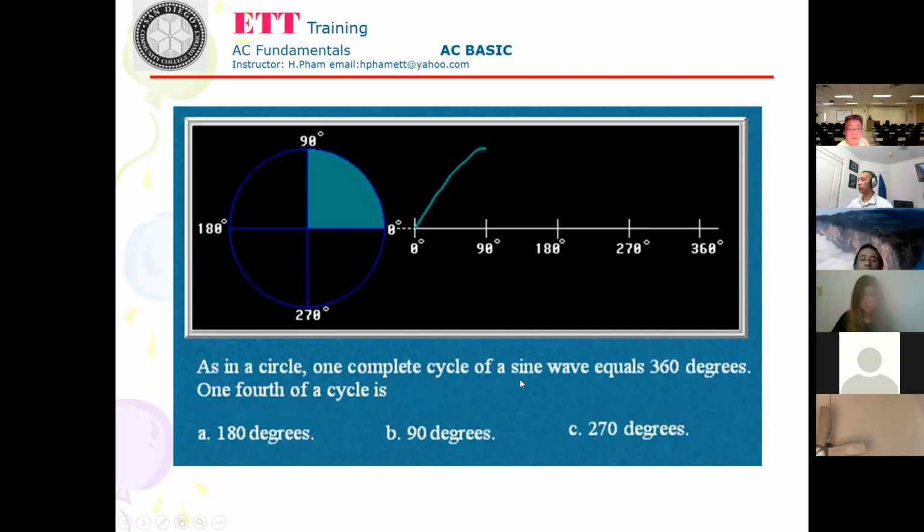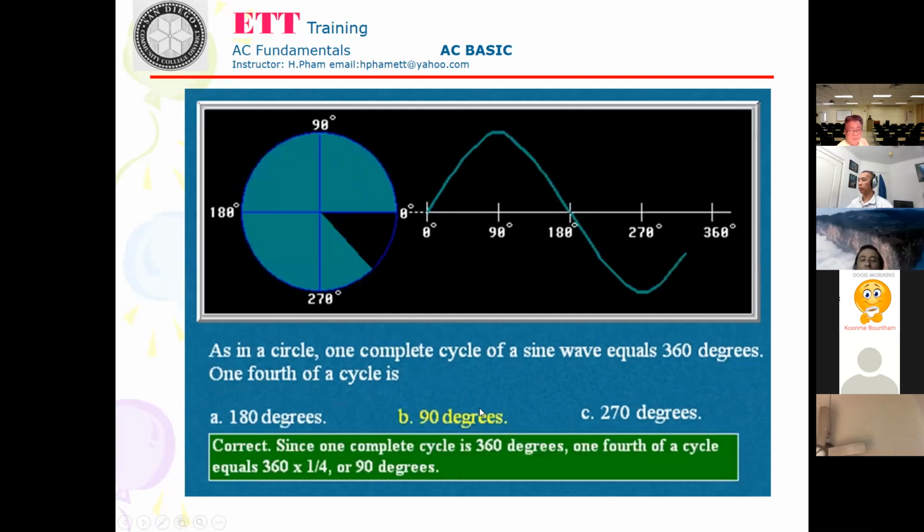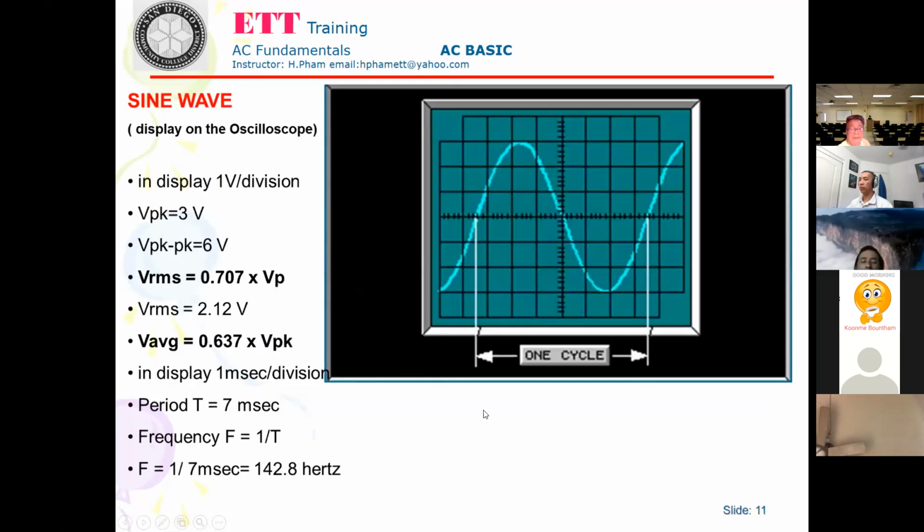One complete circle of the sine wave equals 360 degrees. 1/4 of a cycle is how many? 90. That will be 90, 360 divided by 4. That's the answer, 90.